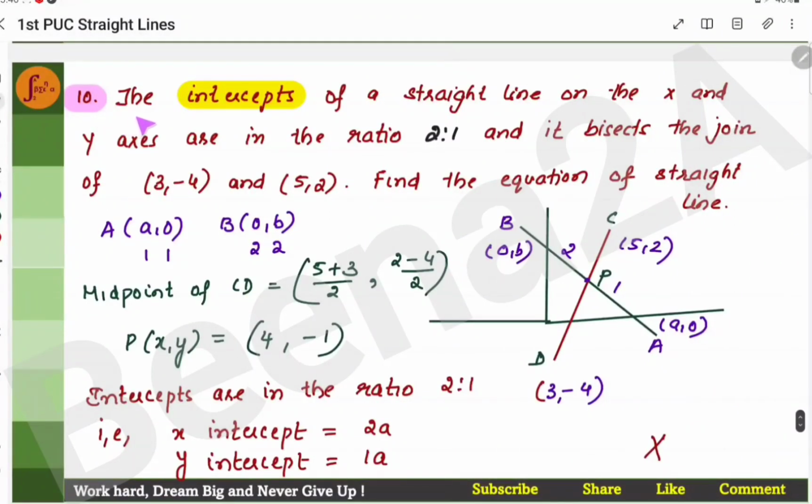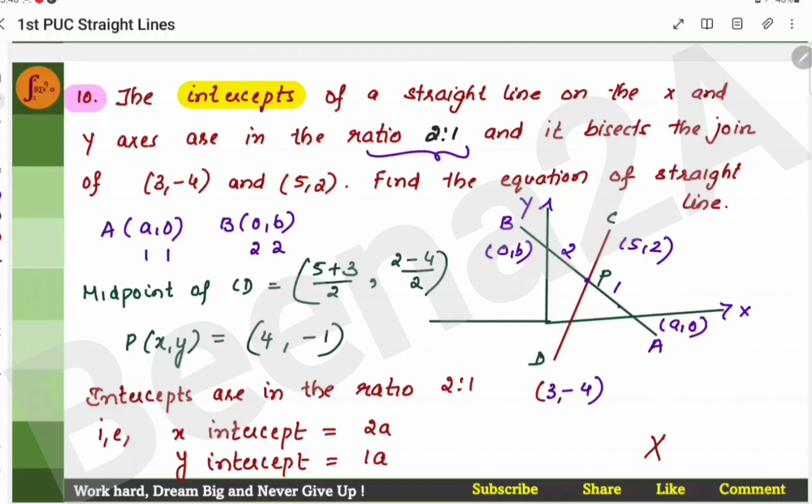Now we look at this particular problem. The intercepts of a straight line on the x and y axis are in the ratio 2:1. So let's draw a straight line. The line is cutting the x-axis and y-axis in the ratio 2:1.